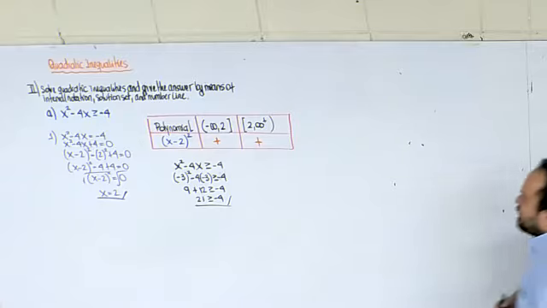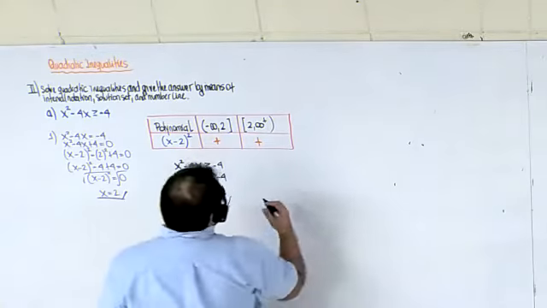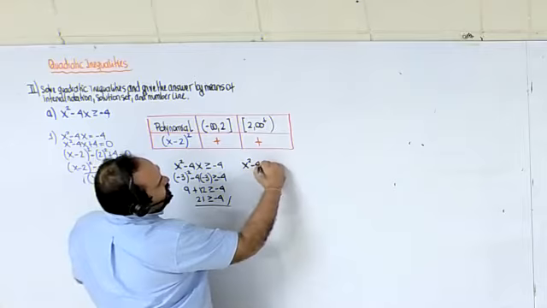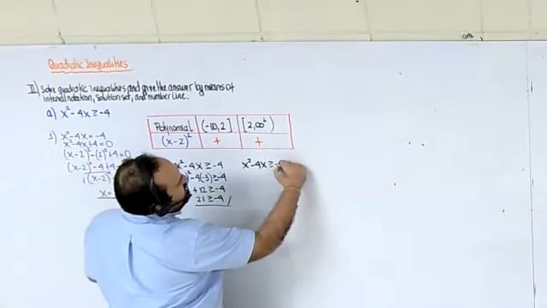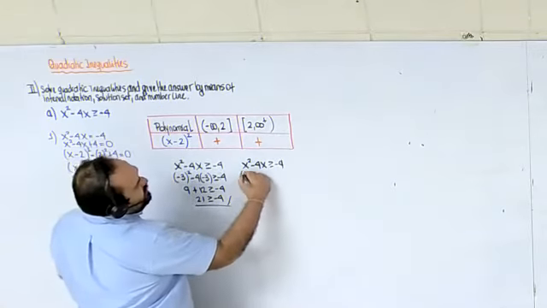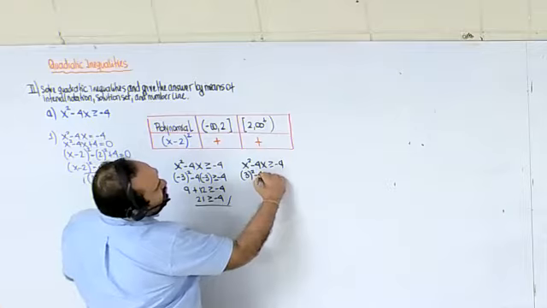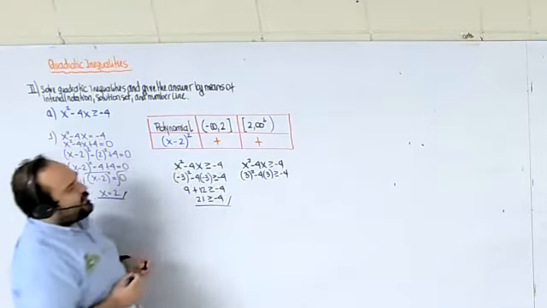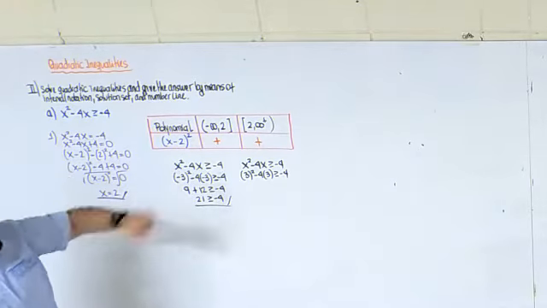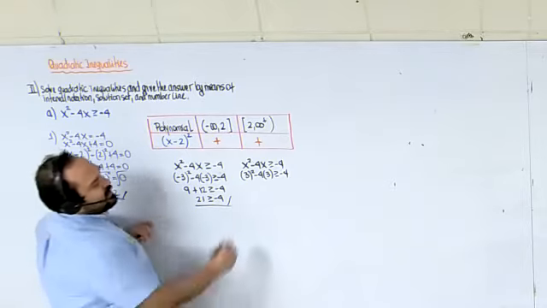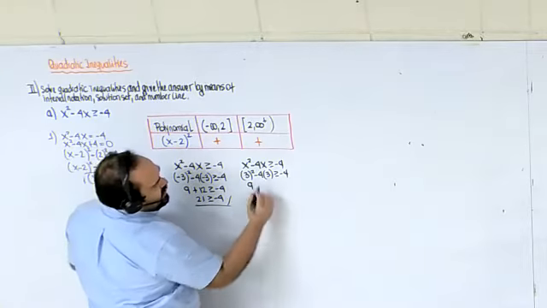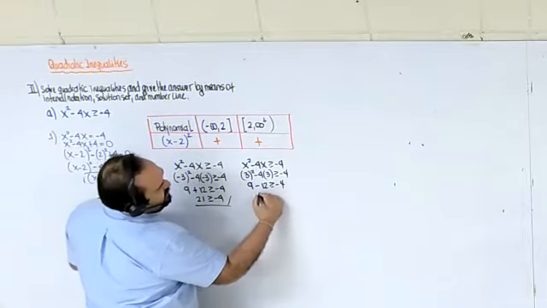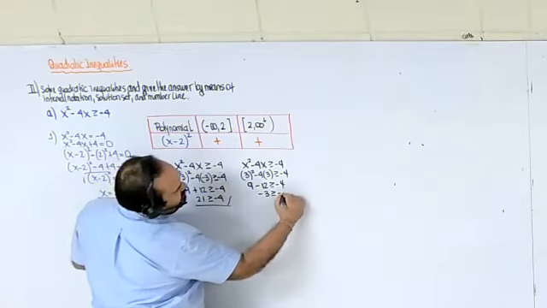Okay, for that reason, it's true. On the other hand, we choose +3, right? x squared minus 4x greater than or equal to -4. So we got 3 squared minus 3 times 4 greater than or equal to -4. 3 squared is 9. 9 minus 12 is -3, which is greater than or equal to -4.